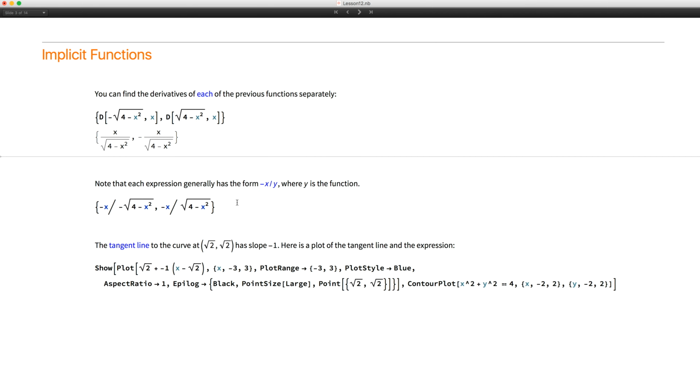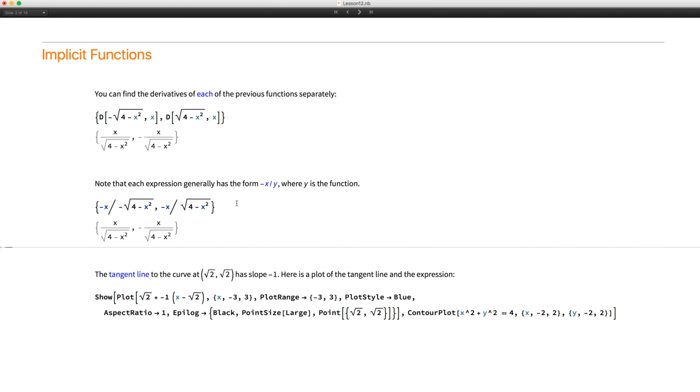Now notice that each answer is of the form minus x over y. So that's x, that's y, and both answers have a certain pattern to them. Remember that this over here is the upper branch, so the derivative for the upper branch comes from here.